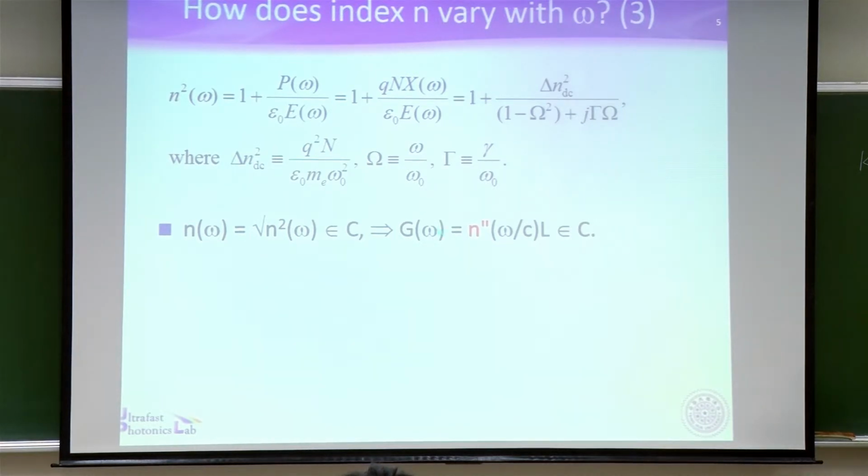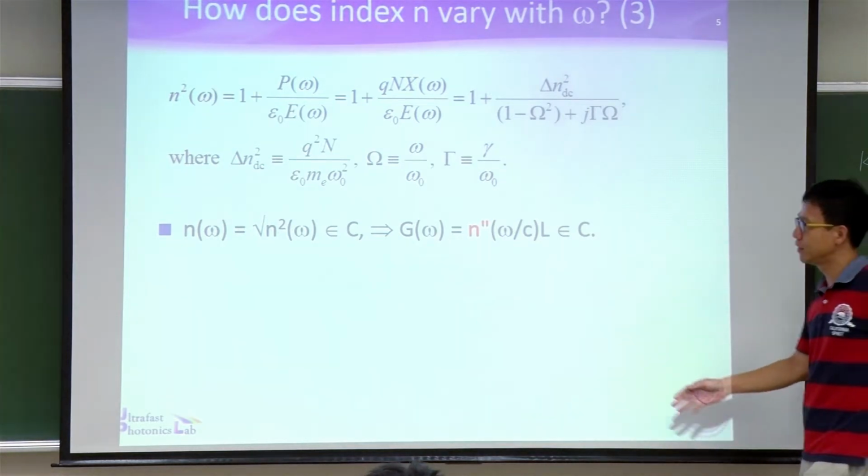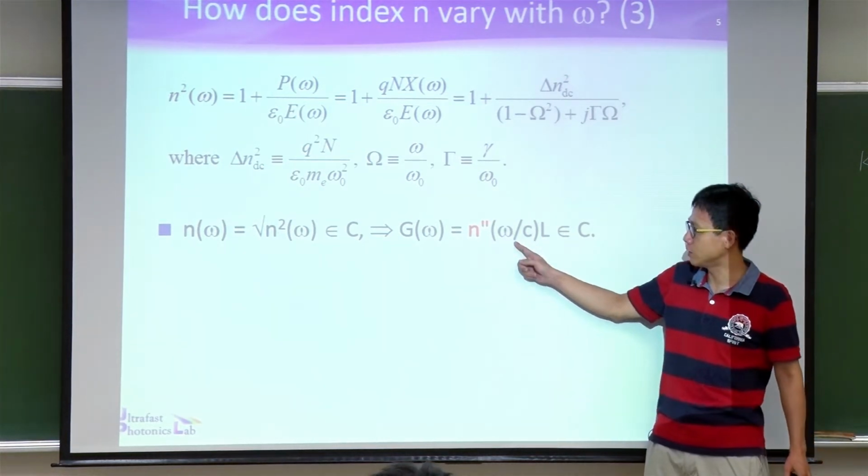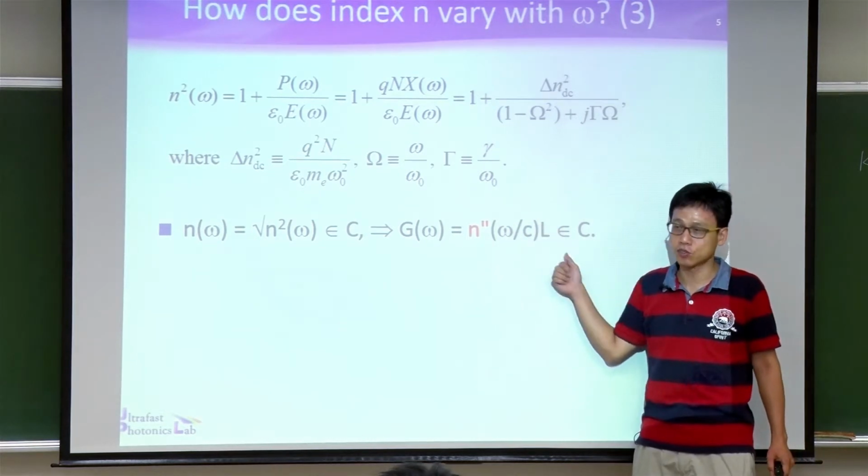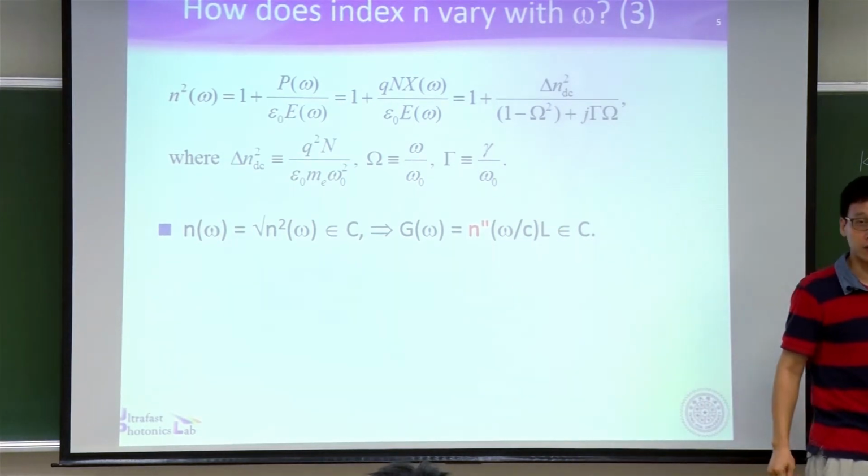So certainly you have the imaginary part, n double prime, as a function of frequency. I just skip the detail, but you know how to derive it. And from here, you can calculate the gain, n double prime, k0, L. This is in general a complex function.